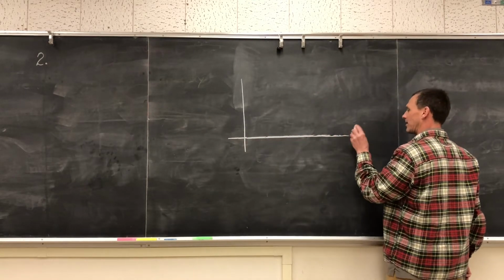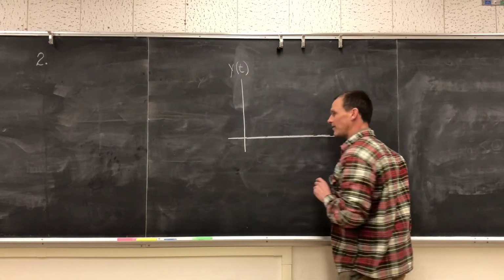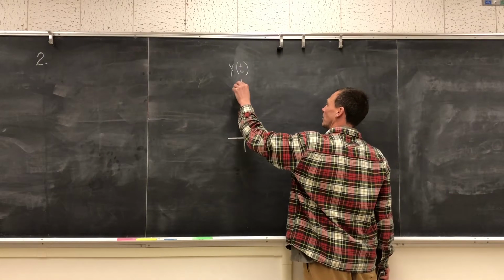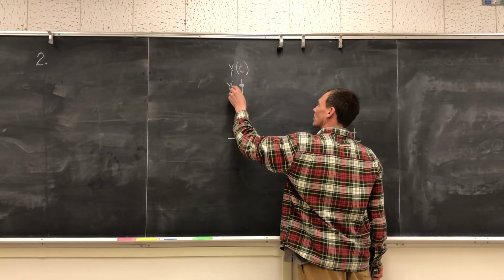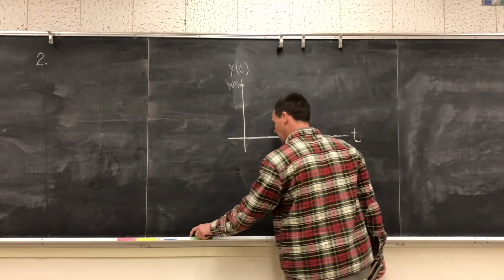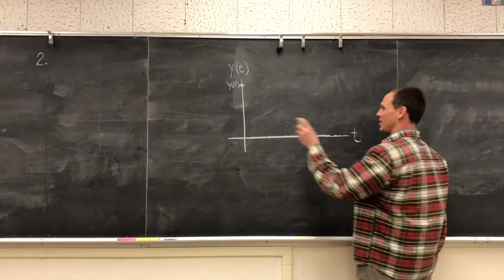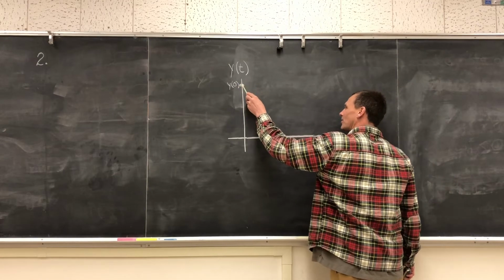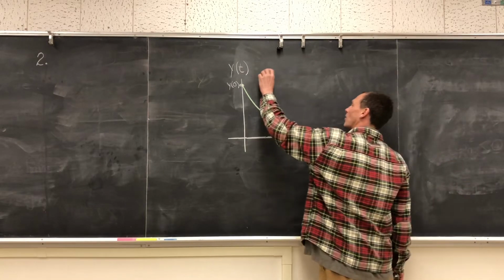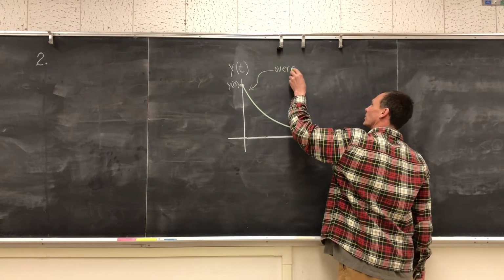Here's my t-axis, and I have a y of t axis. When my system is overdamped, it has some initial starting value. We'll call this our initial starting value, y of 0. And overdamped systems are historically drawn in green. Just kidding, they're not. It's just a system that has decaying exponential behavior. And so this is our overdamped solution, or overdamped system.